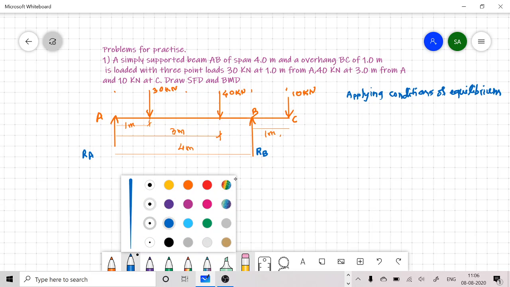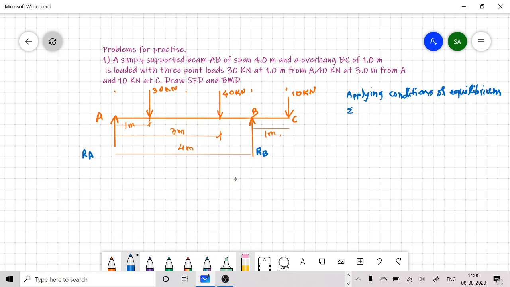First condition is sigma Fx equal to 0. This condition is already satisfied because there is no horizontal force. Sigma Fy equal to 0. For that, we will consider upward force positive, downward force negative.